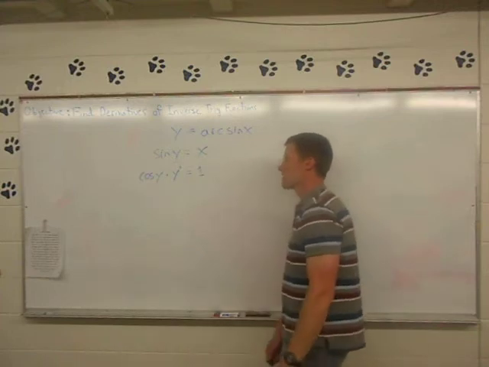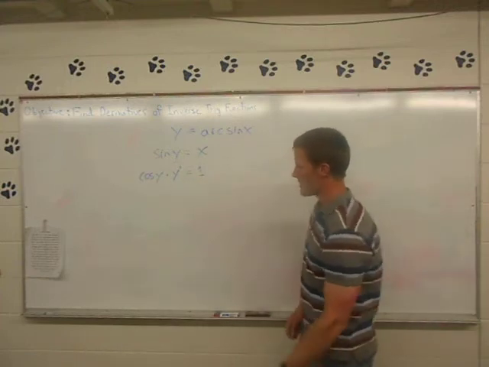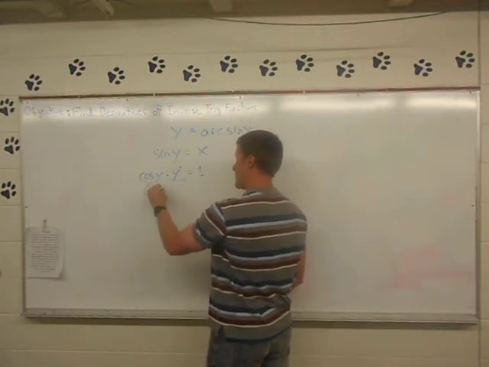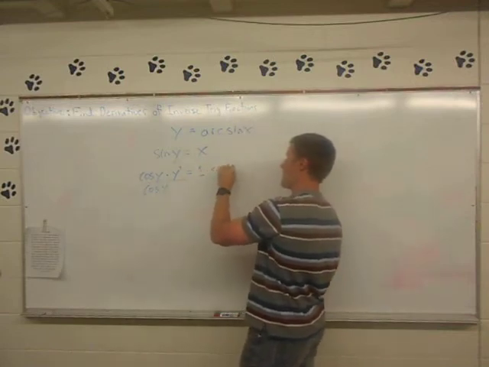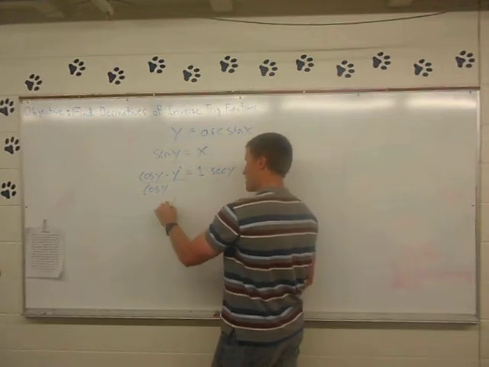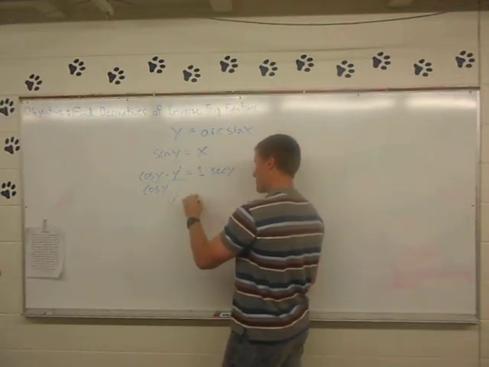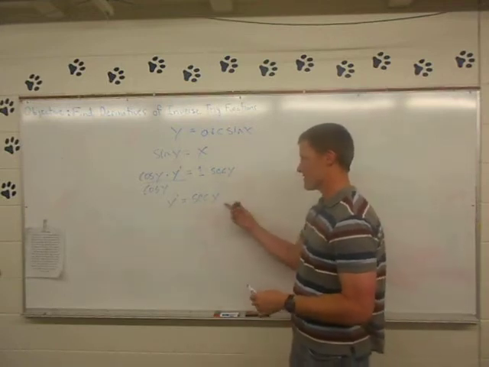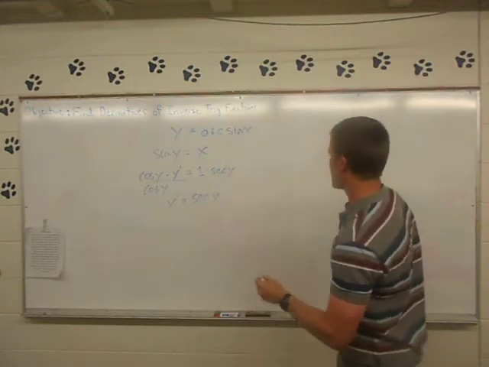Y prime in this case. Well, here's our derivative, let's solve for it. So let's divide both sides by cosine y, which is the same as multiplying by secant y. So the derivative is equal to secant y. But that's not ideal because we want this to depend on x.